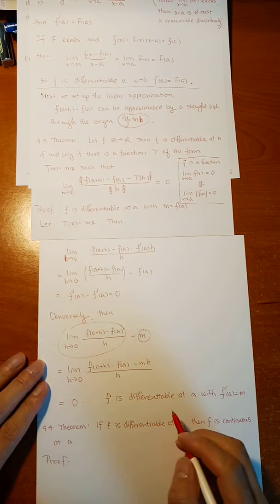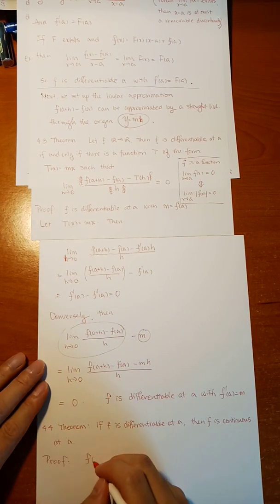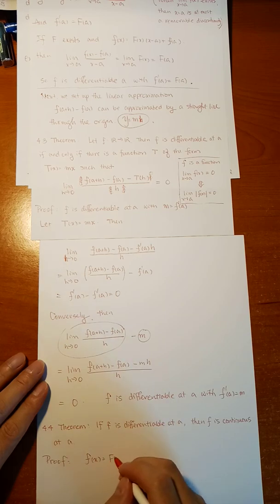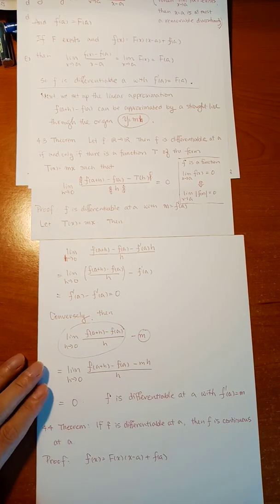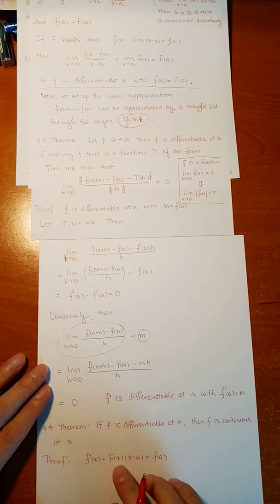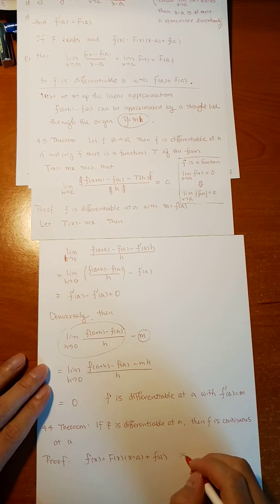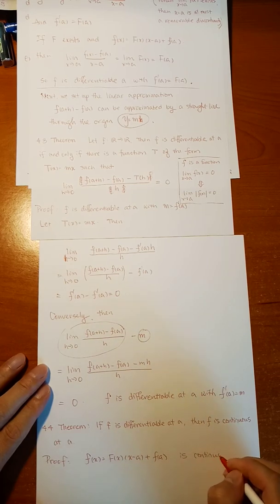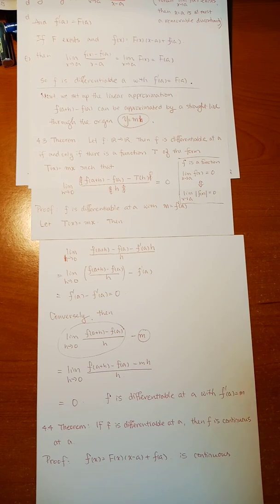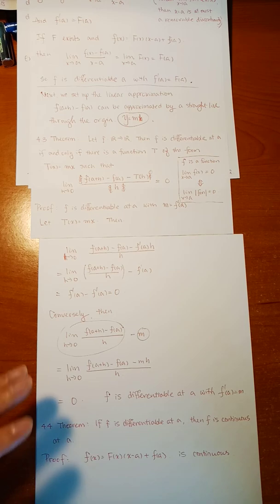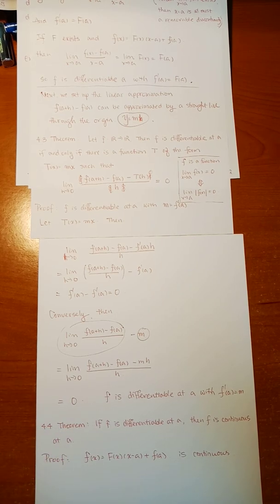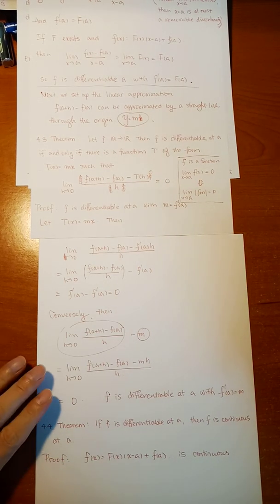The proof is trivial because remember that if f is differentiable, then f(x) can be written like this with capital F(x) continuous. And that's it. f is a combination of continuous functions, so f(x) is continuous. So it's not that difficult.